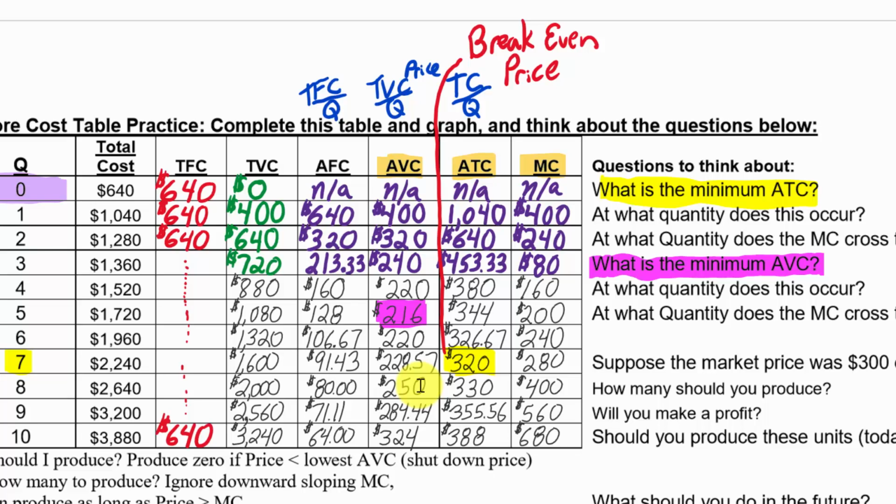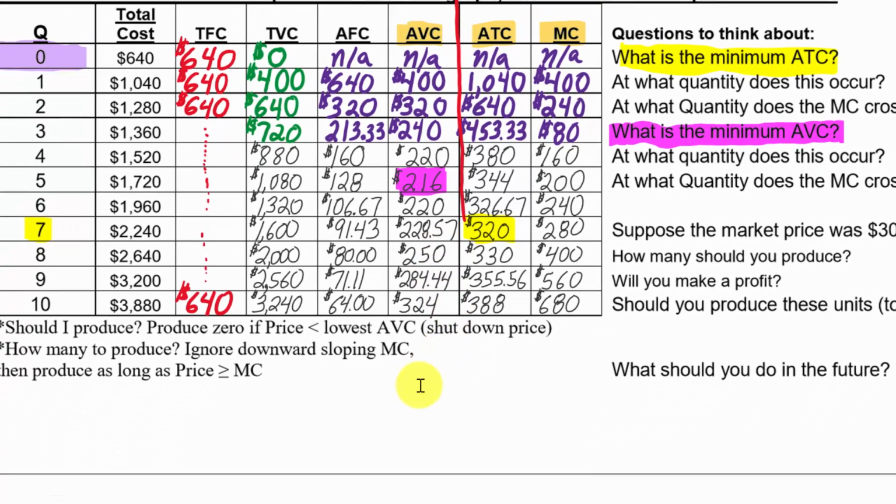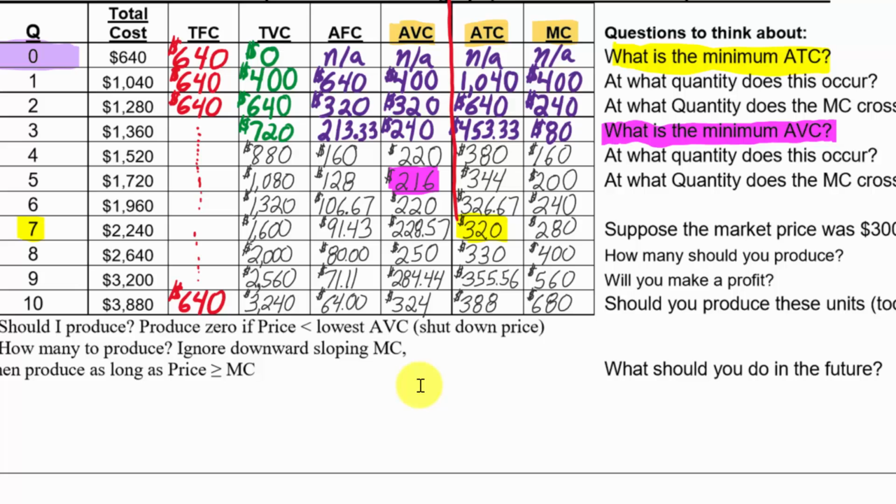Now, why is that important? Well, here's the thing to think about. What would happen if the price ever got below $216? Let's work this out down here. Let's suppose the price was $200, just for the sake of argument.